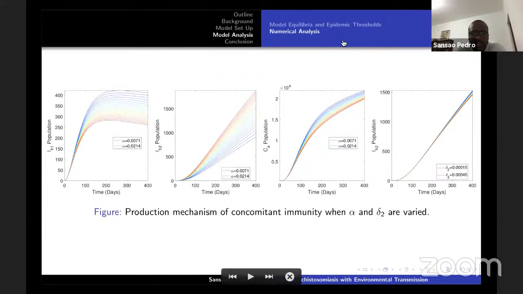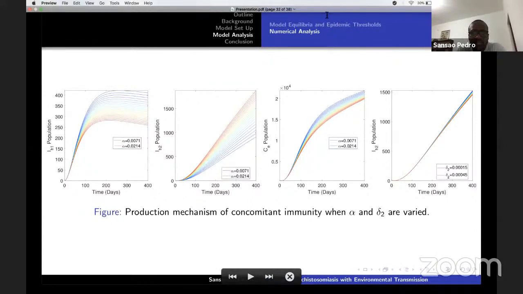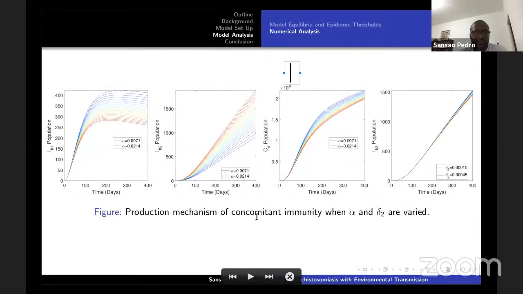Those are parameters we thought are important to be considered. Here we look at how the model output behaves when we vary some parameters, let's say alpha and delta, where alpha stands for the development of concomitant immunity, and delta is the disease-induced death for the infected individuals with cercaria.